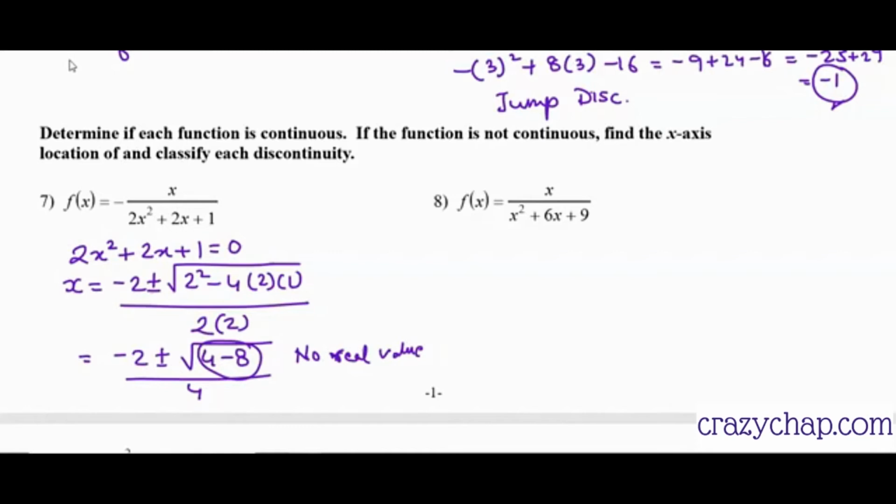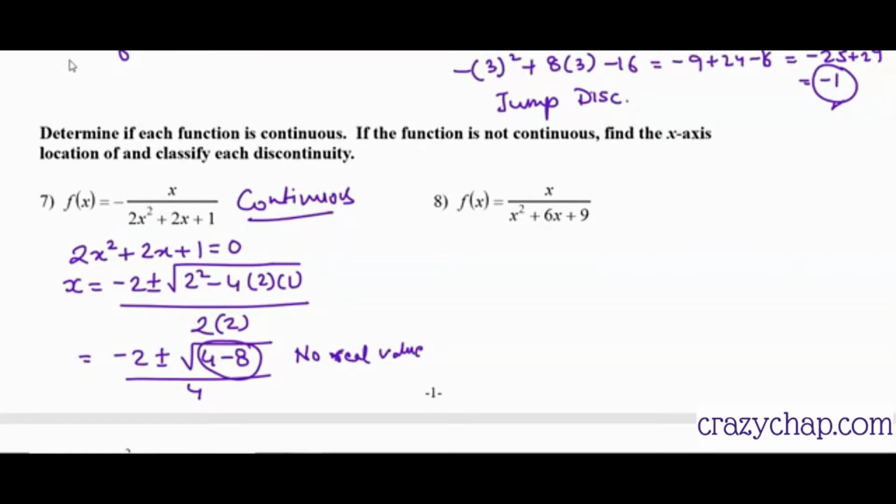So there is no value of x which makes 0, hence there is no infinite discontinuity. Fine. So it means this function is continuous throughout. I'm just writing it. Continuous throughout. Okay. Let's come to number 8.